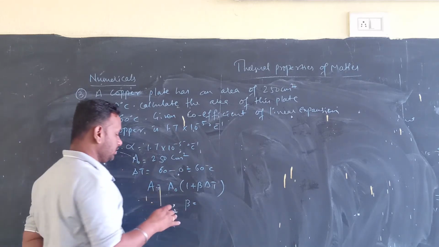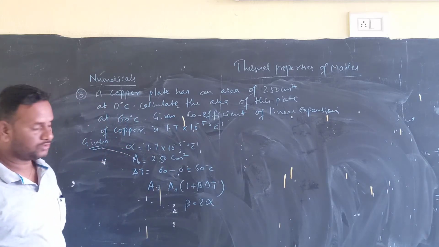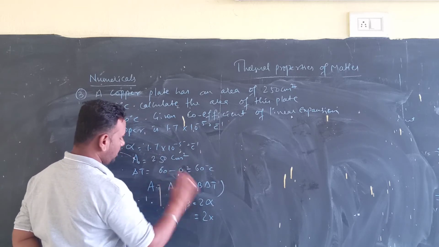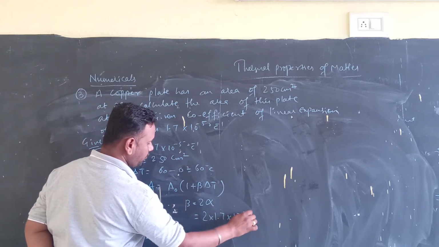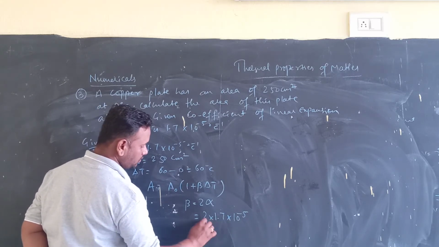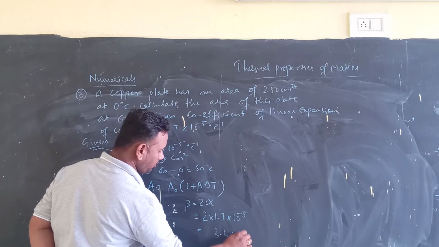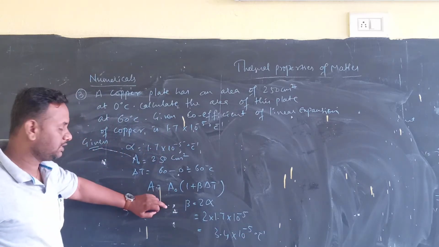That means beta is twice of alpha here. Therefore 2 into 1.7 into 10 to the power of minus 5. So 2 7s are 14. 3.4 into 10 to the power of minus 5 per degree Celsius is the beta value.